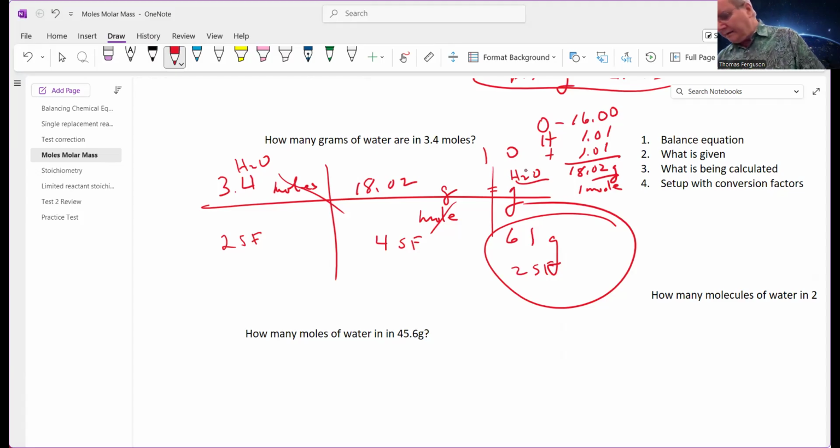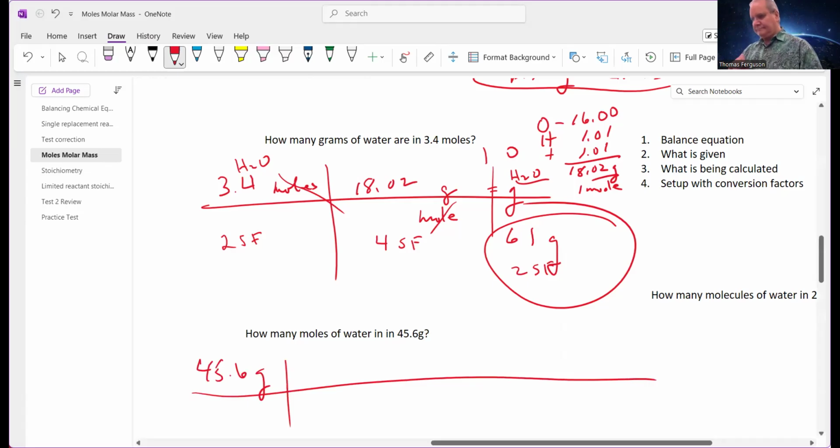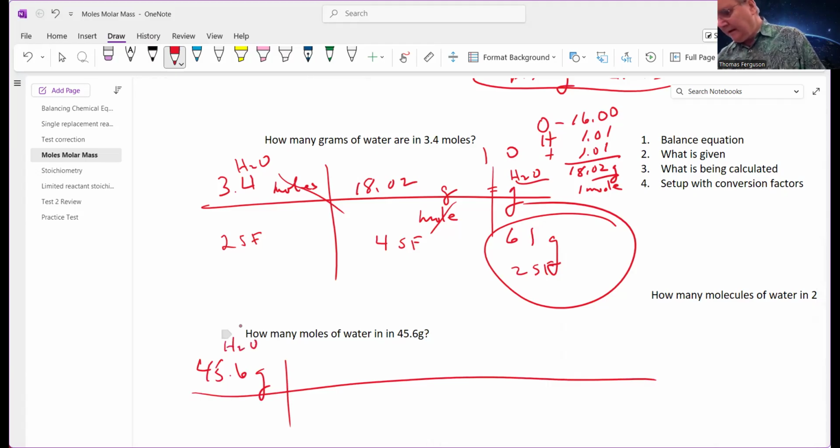Lots of color changes and all that stuff. Pretty cool. All right, so we're starting with grams, and again, we're using water since we don't have to look up the molar mass for water each time. And we want to end up with moles of water. So we need to always cancel our givens. So grams needs to be in the bottom, moles on top.